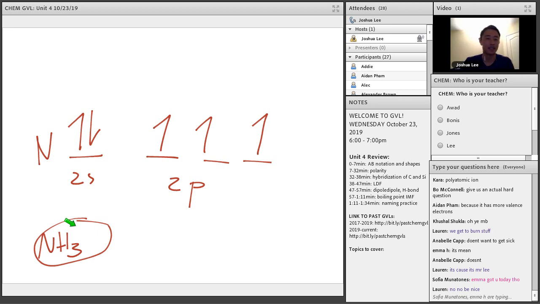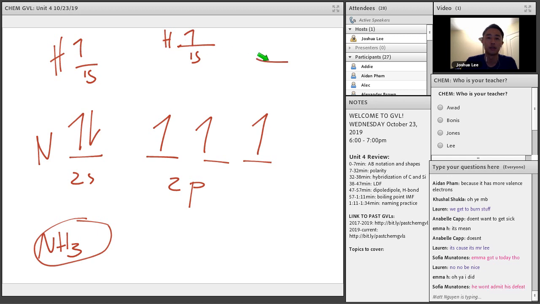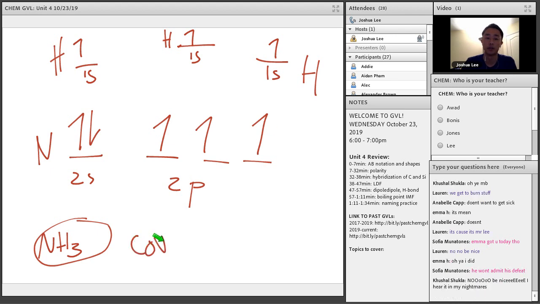So then hydrogen is a 1s. We have another hydrogen. And we have another hydrogen. So since NH3 is a covalent compound, we're going to use boxes.